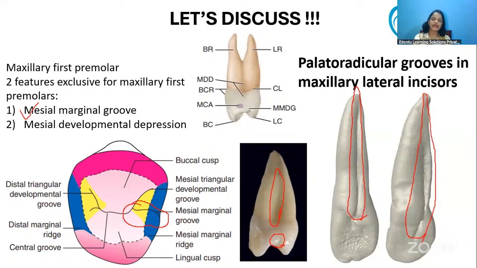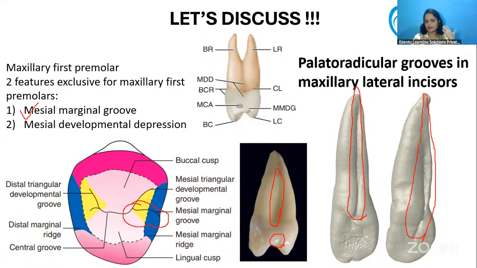Based on that, there are grade 1, grade 2, and grade 3 palato-radicular grooves. Grade 1, only a one-third extension into the root will be there. Grade 2, a middle third extension into the root will be there. Grade 3, it will extend till the root end. Such grooves are called palato-radicular grooves, just like the name suggests.